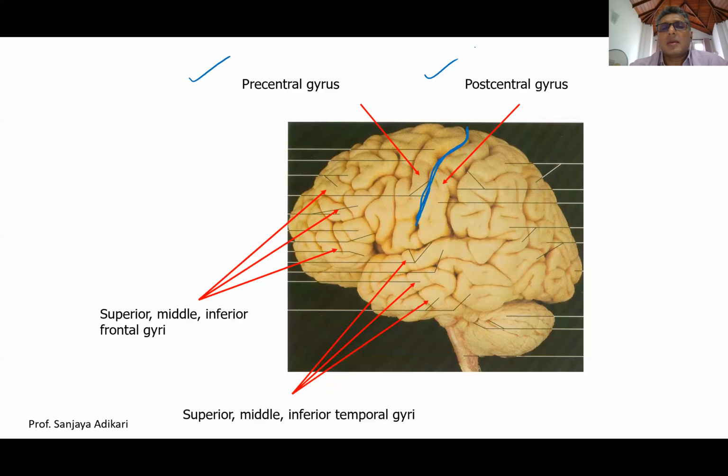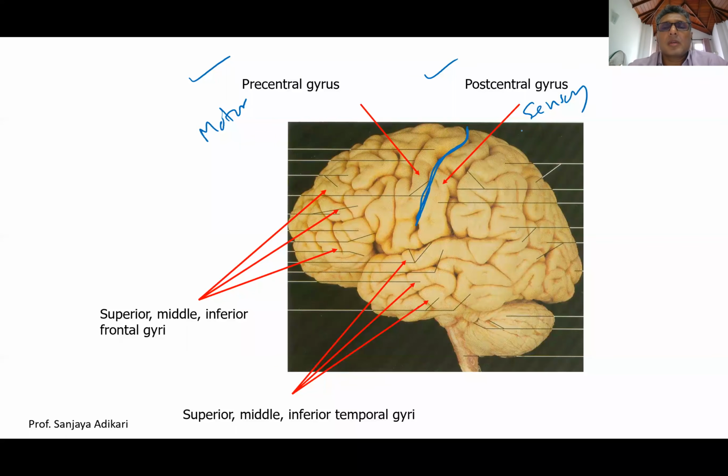Now, these two gyri are very important because the precentral gyrus is the main motor area, so it is also called the motor cortex. And the postcentral gyrus is the main sensory area, so it can also be called the sensory cortex.